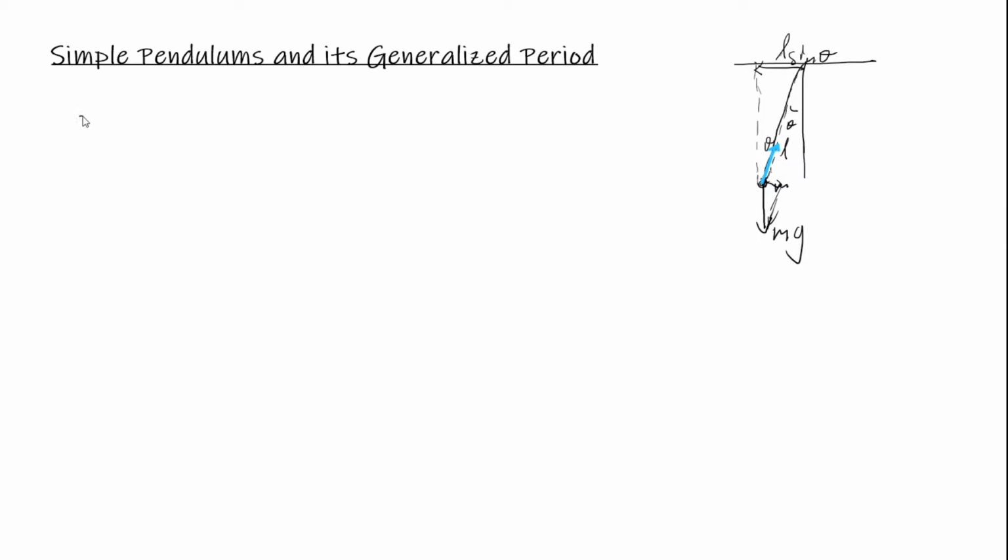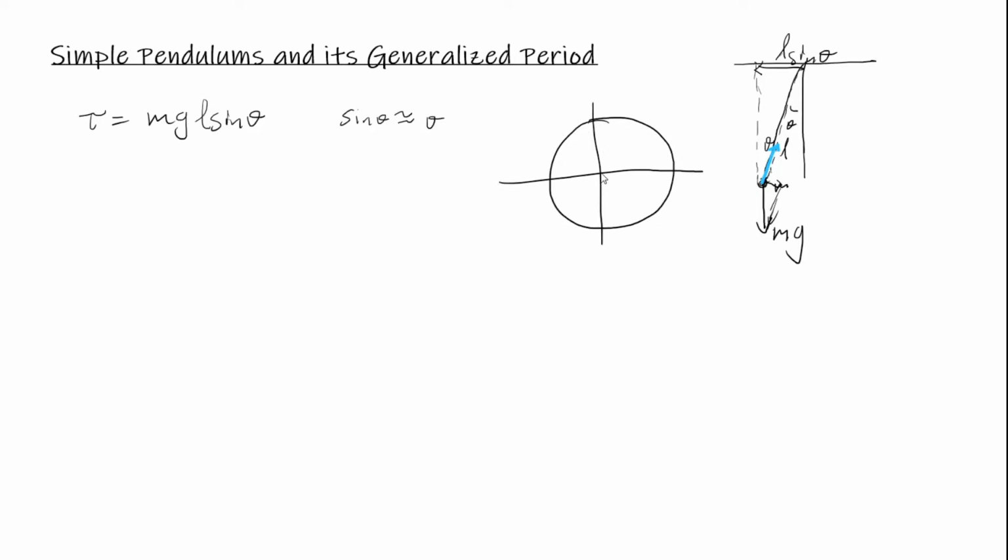So torque tau is equal to mgL sine theta. With small angles, we can assume sine theta is approximately theta. If you haven't seen this, we can just draw a picture here. If we draw the unit circle, with a random angle theta, then the sine of this angle is just this height here.